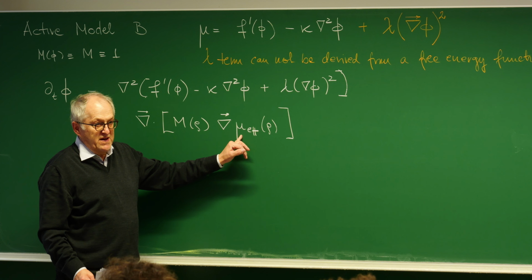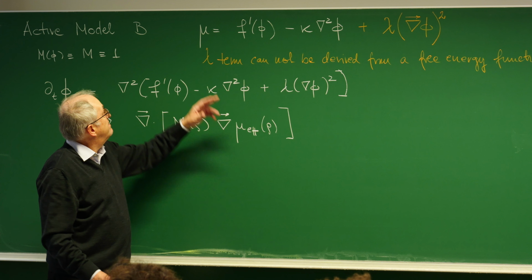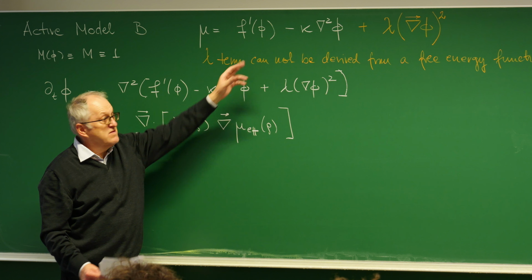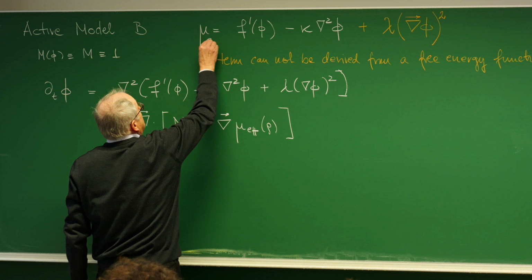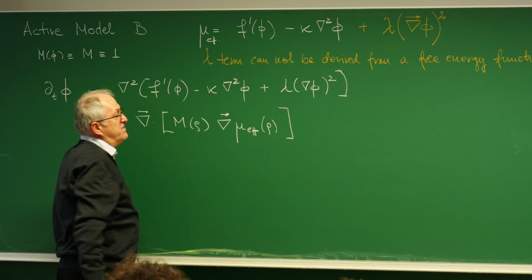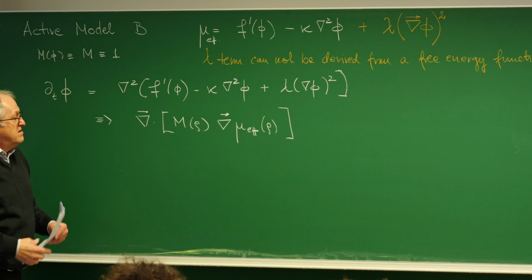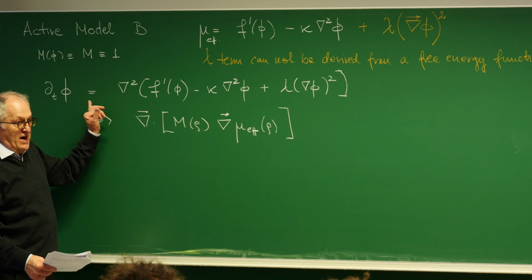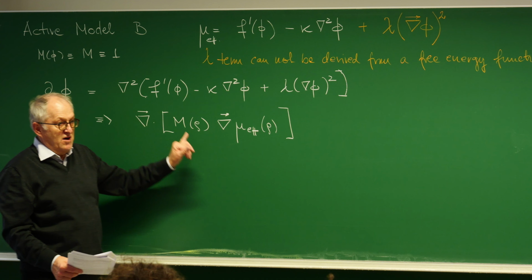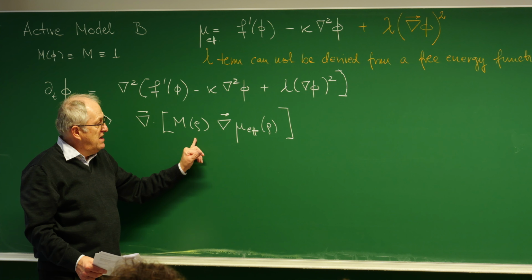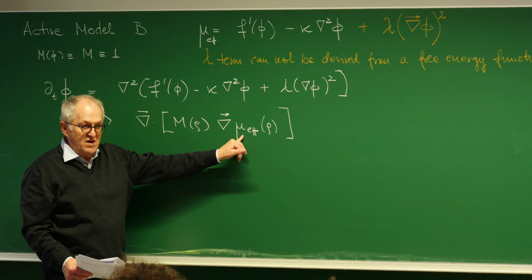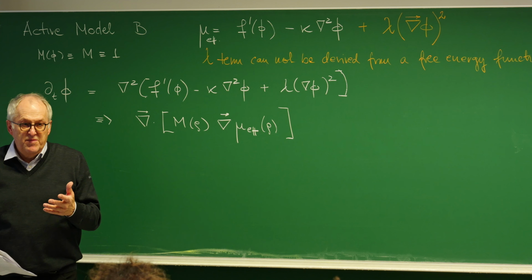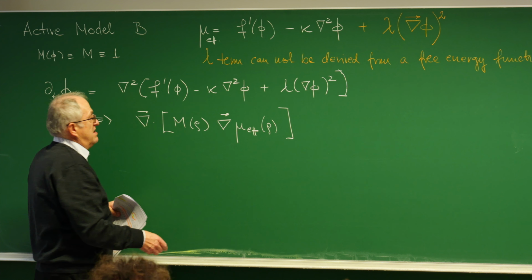So the mu effective is some kind of scalar function as the one we wrote it down here. So this is our mu effective that we have. So it's still that I drive the dynamics by a current that's a mobility times a gradient of a scalar function. Okay, and now you think about this J here, right?